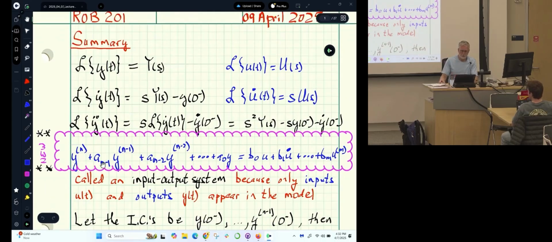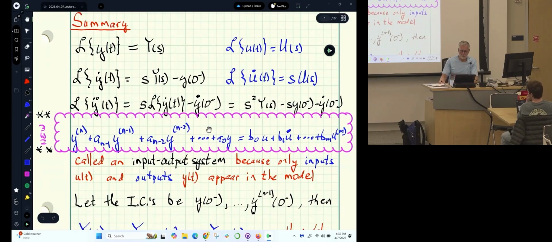We've been working with low-order versions of these. They're called input-output systems or input-output differential equations. So we did y dot, y double dot. We even had a y triple dot. So here's the n-th derivative version.